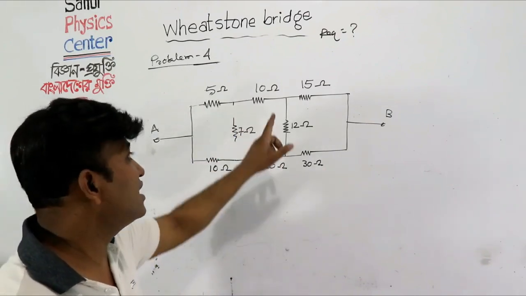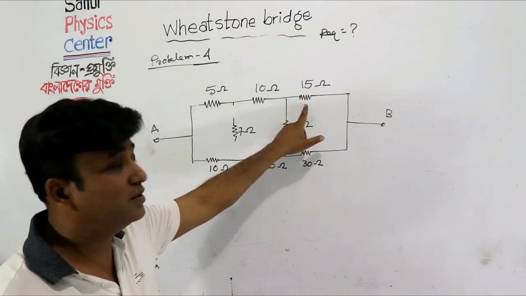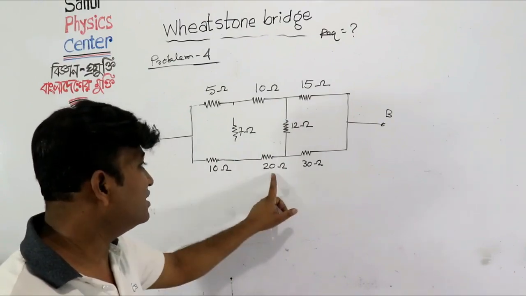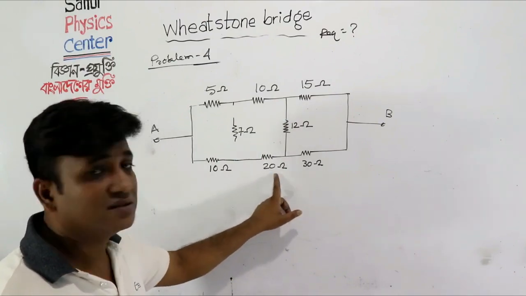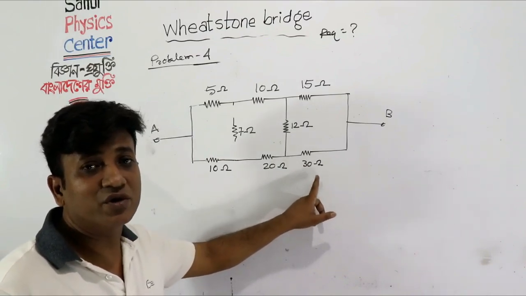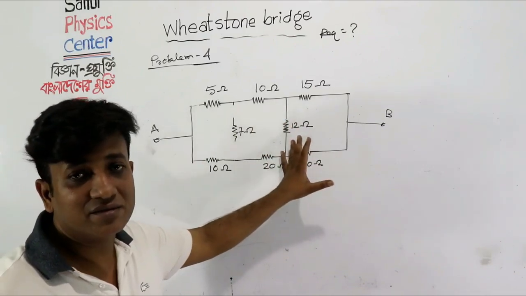Again, if we take the ratio of two resistances, we get 1:1.5. Similarly, here the ratio of two resistances is 1:1.5. That's why it is balanced.